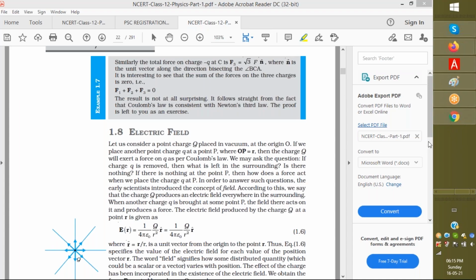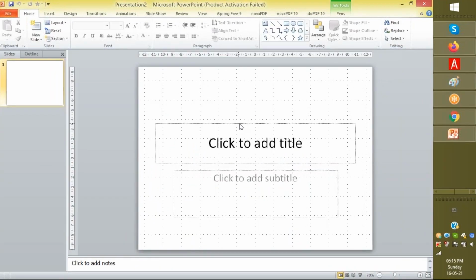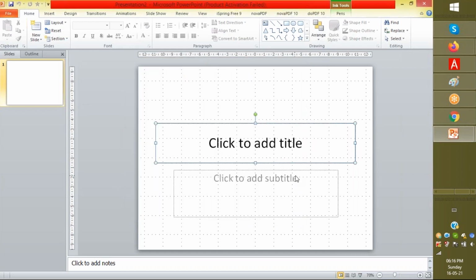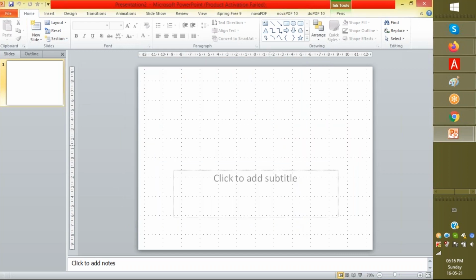Okay, good. So today we are learning electric field. We have learned electric charges, then electric forces, the Coulomb forces, right? So if you keep two charges, they will exert a force on each other.